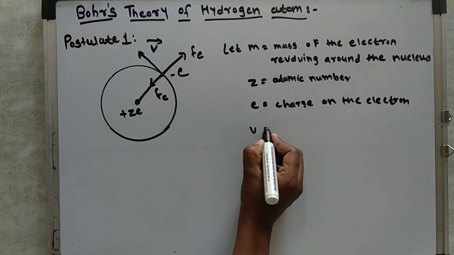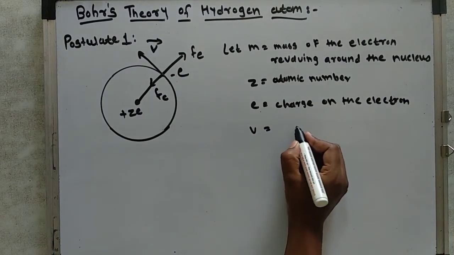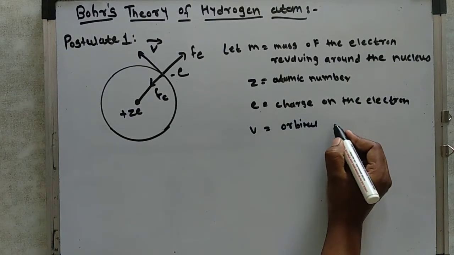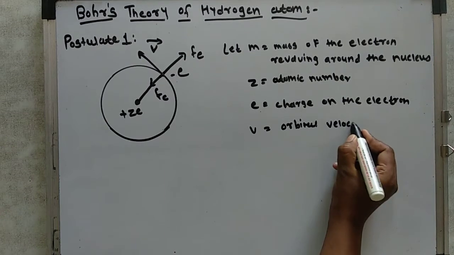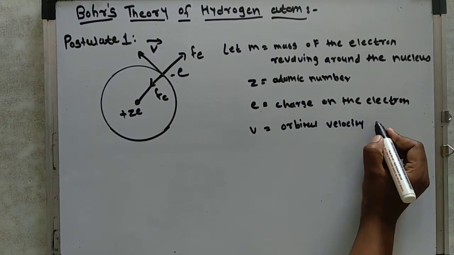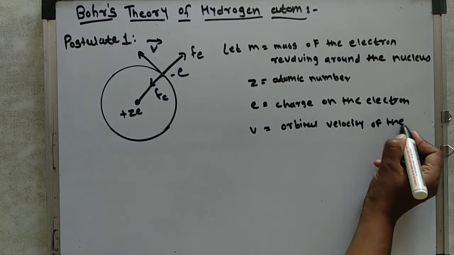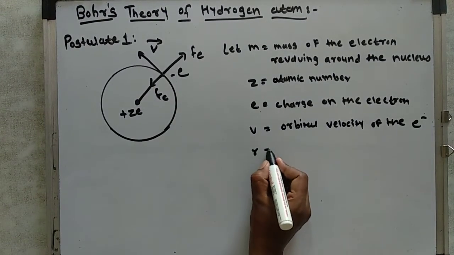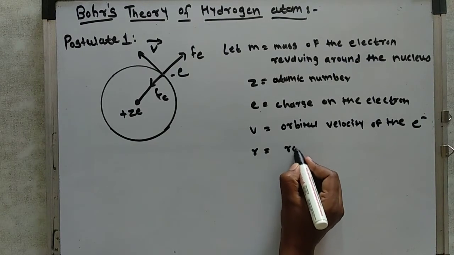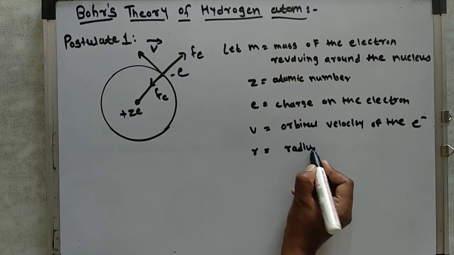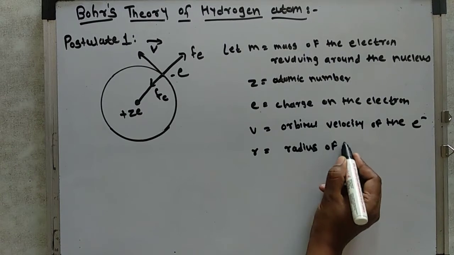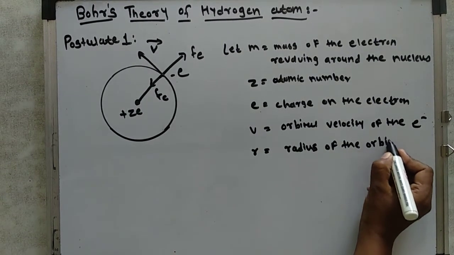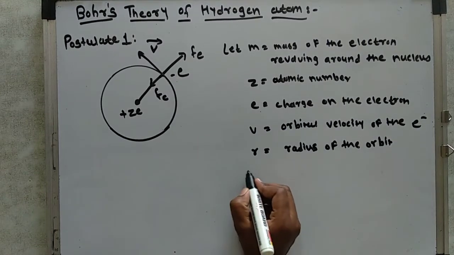Then v is equal to the orbital velocity of the electron. r is equal to the radius of the orbit.